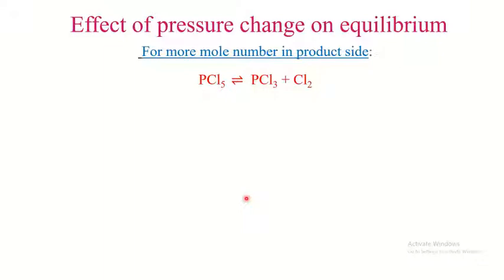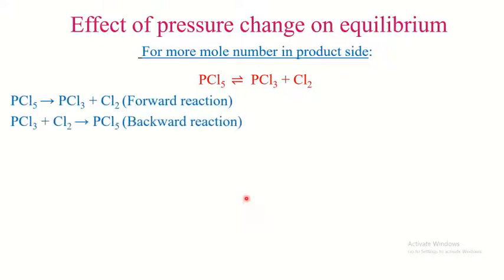Here in this reaction there are two reactions, one forward and one backward. Forward reaction is this part, that means when PCl5 is decomposed to produce phosphorus trichloride and chlorine, this is the forward reaction of this reversible reaction, and in the backward reaction phosphorus trichloride and chlorine make phosphorus pentachloride. This is the backward reaction of this reversible reaction.